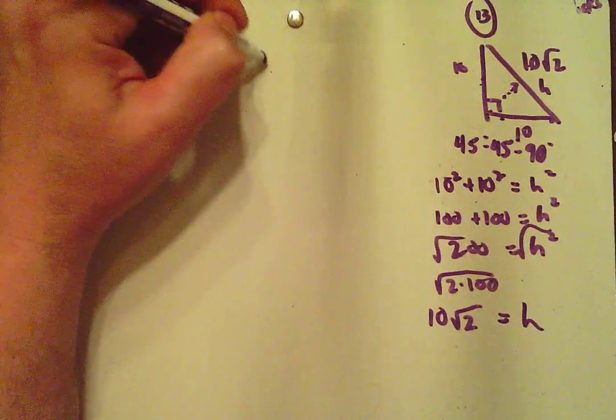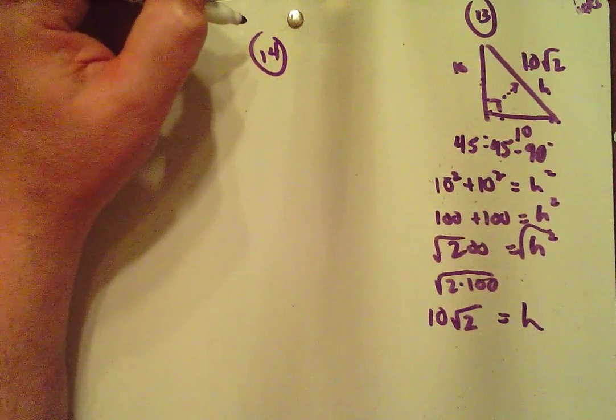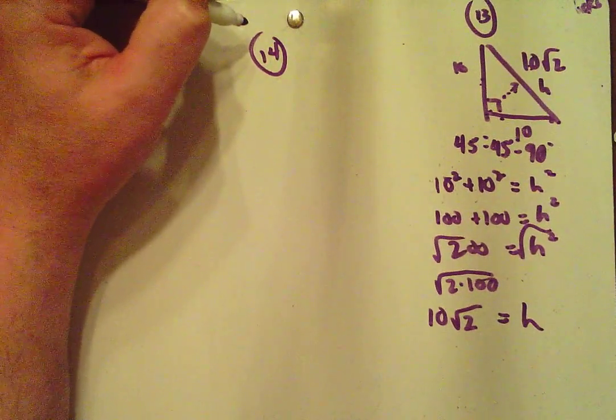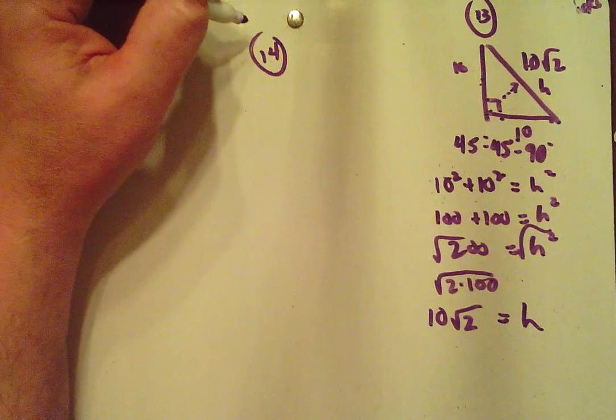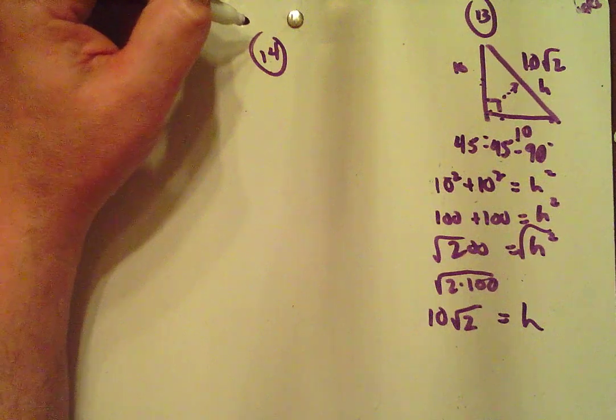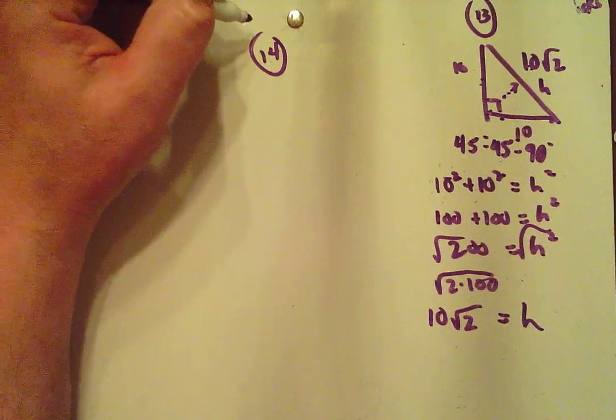Okay, 14. 14 says, bag of 400 jelly beans, 25% are red. You randomly pick a jelly bean. What is the probability that it is not red?